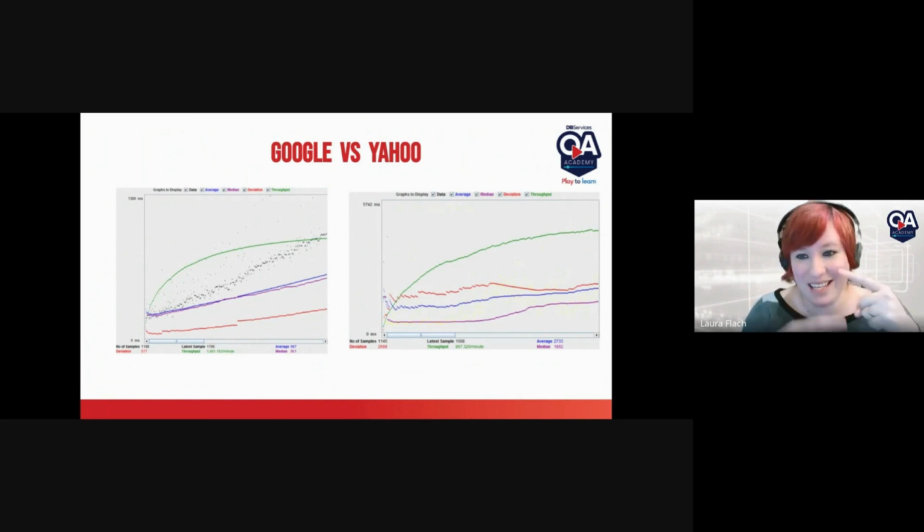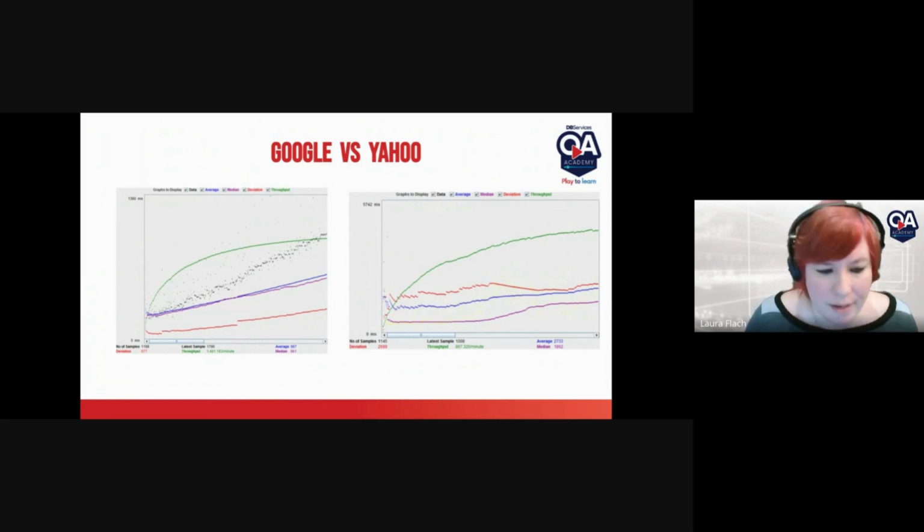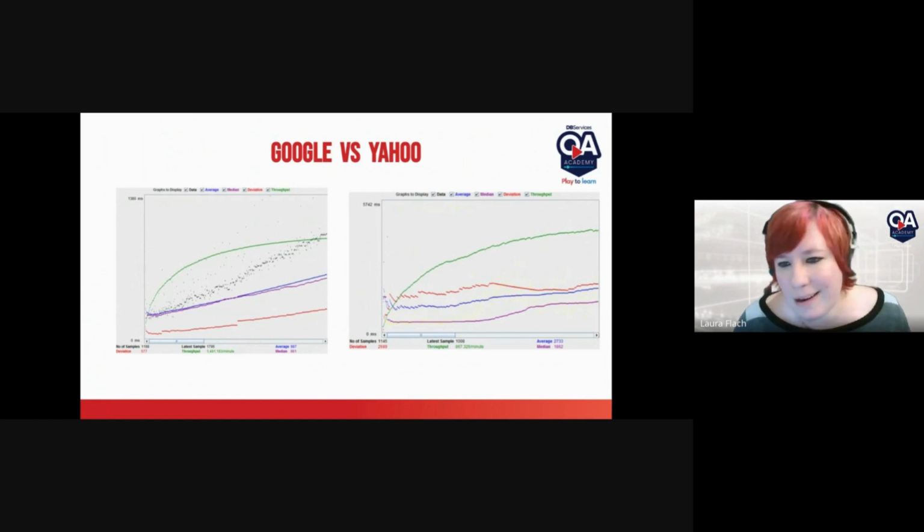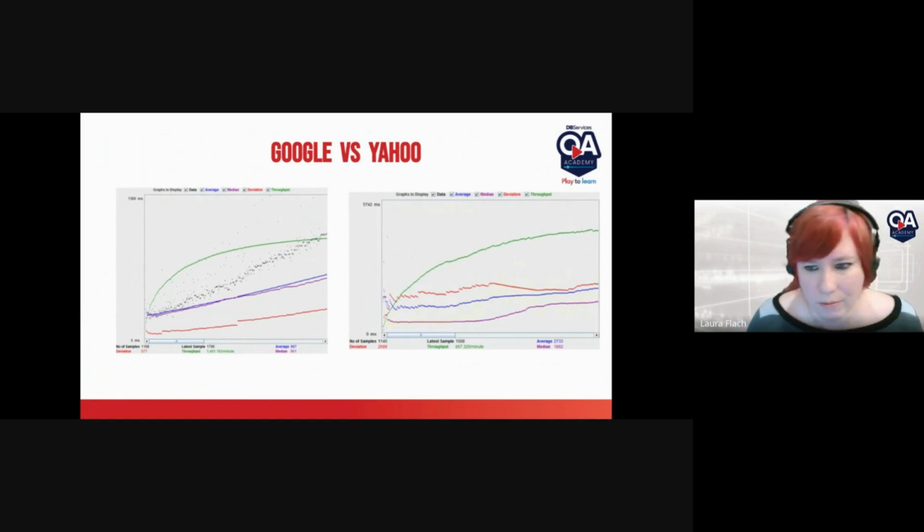So you can see that in the plain average, we have a lot of discrepancies. And even without taking this difference into consideration, we can see that the average and the median response times for Yahoo are really much larger than Google's. So basically, we can see that Google is way better in performance than Yahoo with this simple test.